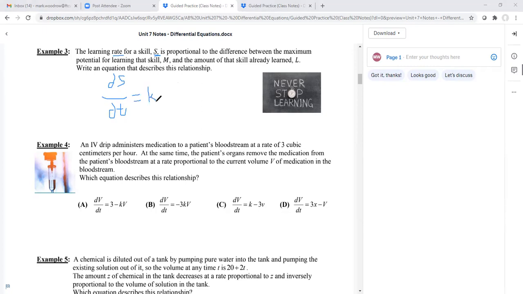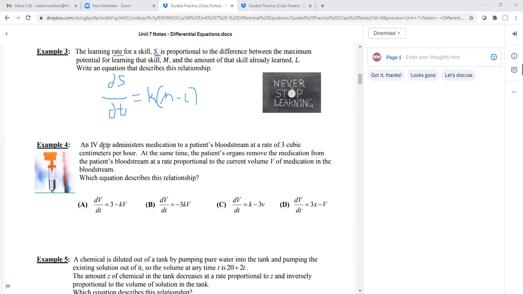And what it says it's proportional to is the difference, so we're going to have to do a subtraction problem on this one, and it's the difference between M and L. So this would be M minus L, and that would be the equation for the relationship of all this stuff.